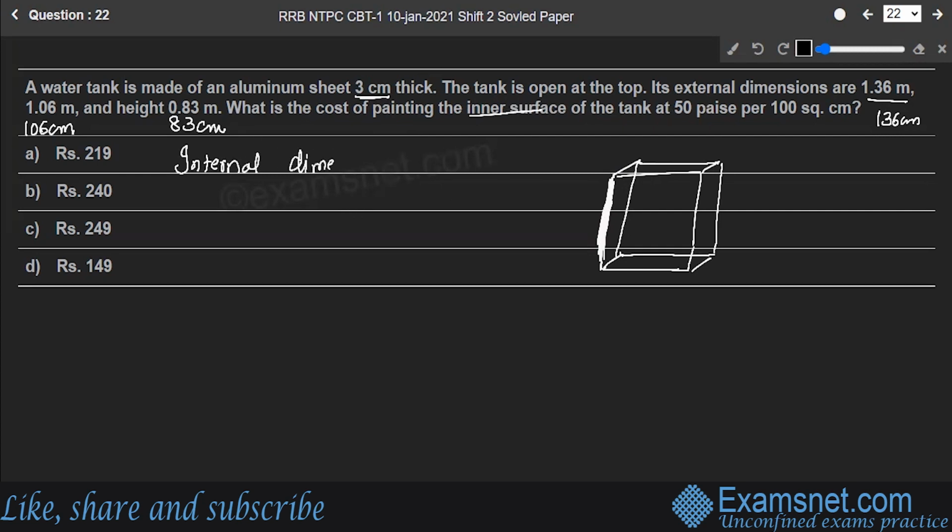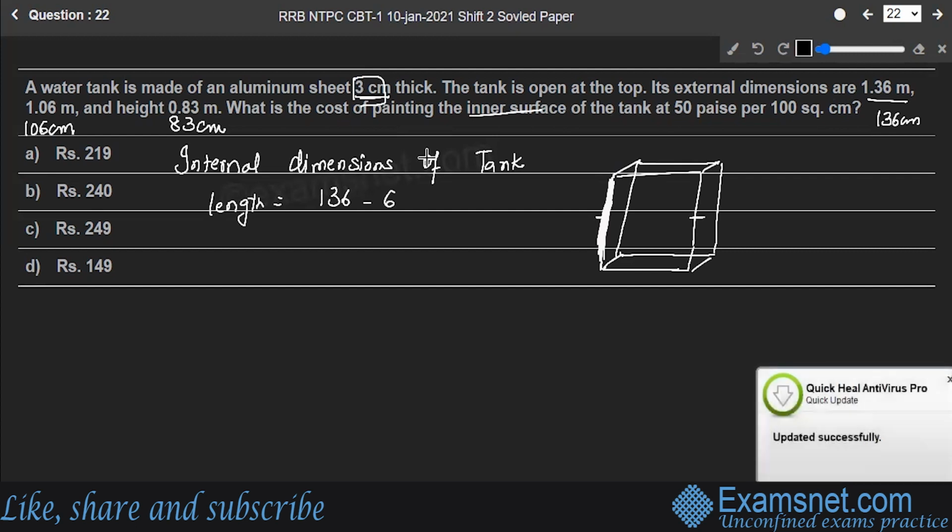Internal dimensions of tank. The length, see, it was 136 before, and the 3 centimeter from this side and 3 centimeter from this side. So minus 3, this is minus 6, which is equal to 130 centimeter. Now let's go with the width.